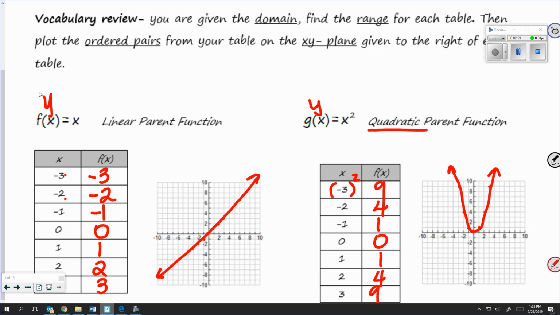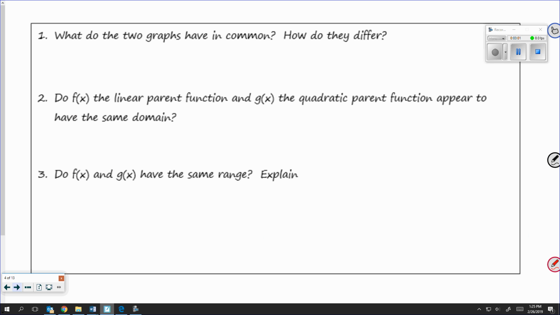So, the questions that it asks are, what do the two graphs have in common? When we think about this, it can be anything you can think they have in common, and it can be different from what I write. But what they have in common is they're both continuous. We should know what the word continuous means. Continuous is whenever there is a line connecting all the points, which we're going to have.